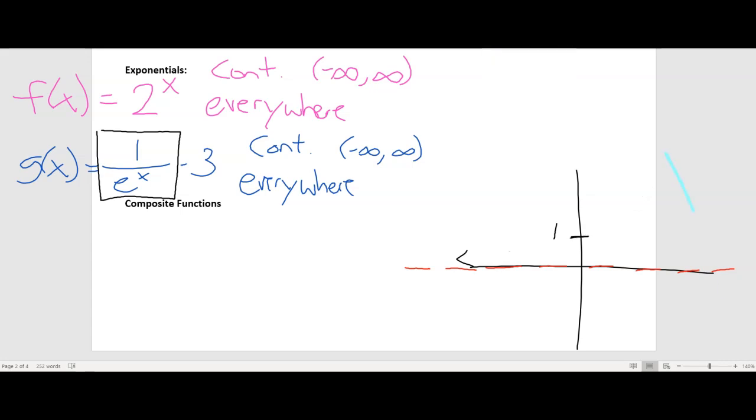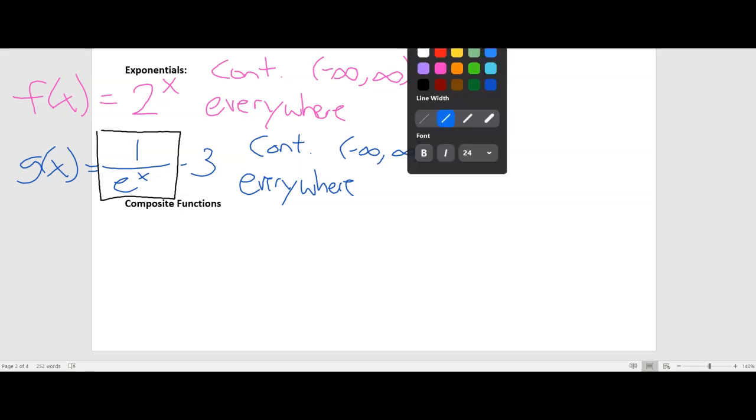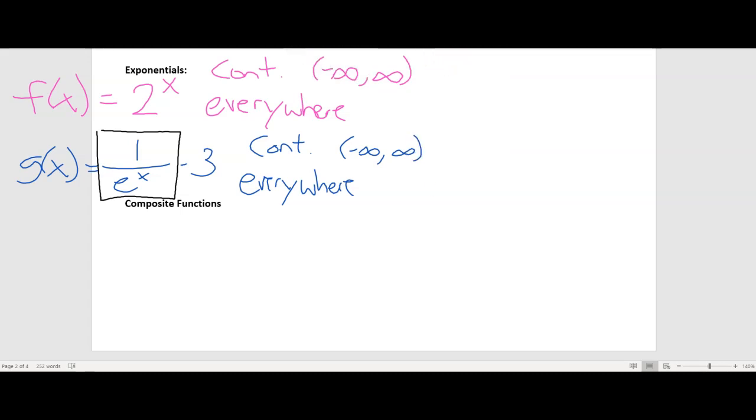So your first thought may be, okay, I guess all exponential functions are continuous everywhere. And you're 99.9% correct. The only exception is when we have something that would be 0 to the power of 0. That's going to be undefined. We're not going to get into why right now, but this is the only time where an exponential expression is undefined, when it's 0 for the base and 0 for the exponent.